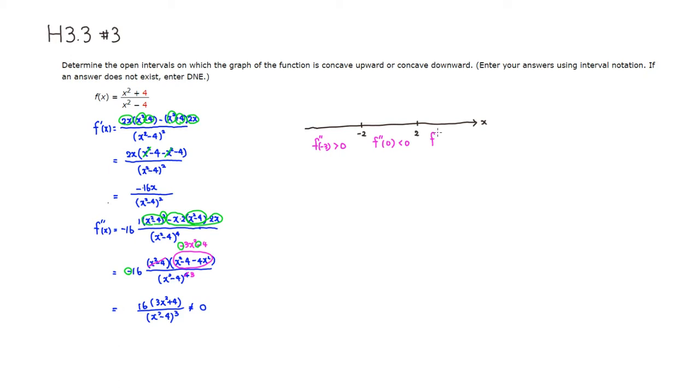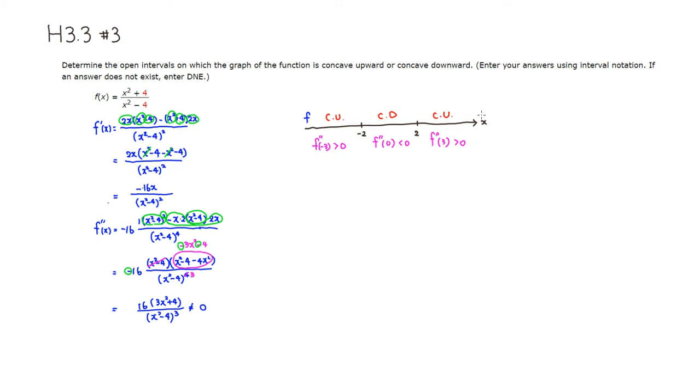And if you try positive 3, the denominator is positive, so everything is positive. So we know that the original function f is concave upward on the first interval, concave downward between negative 2 and positive 2, and concave upward on 2 and on.